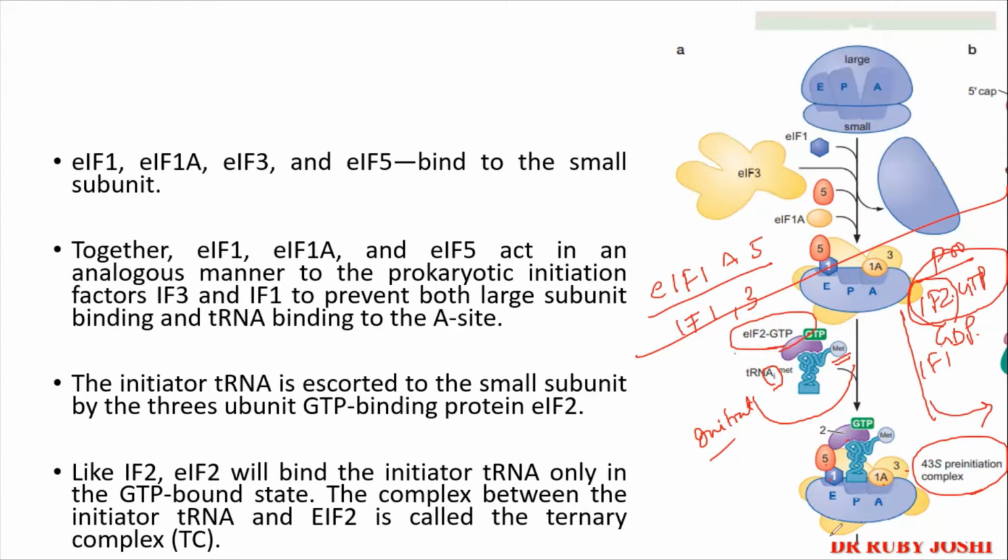Can you see in the figure? So this entire thing is known as your PIC or pre-initiation complex. Why it is called 43S? Because 40 तो आपका smaller subunit का हो गया, rest 3 इनका भी weight है. Okay, so this becomes your 43S PIC, pre-initiation complex. Is it clear this much? Yes, ma'am. Okay. Yes.